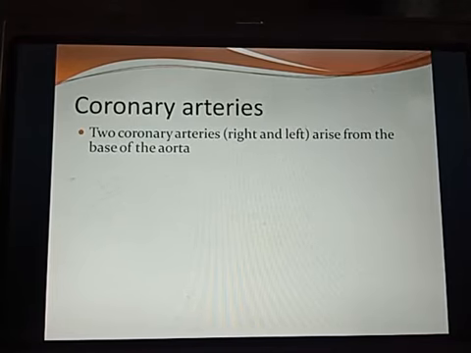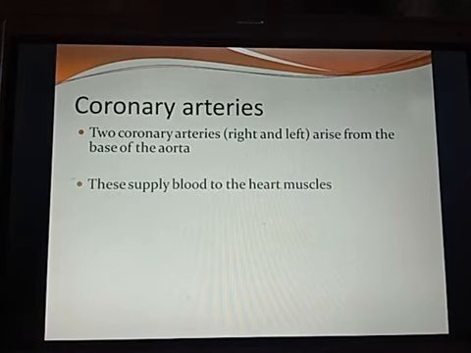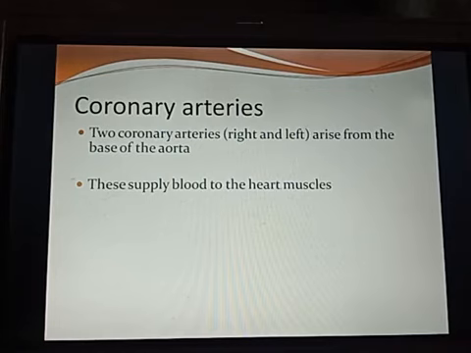The right coronary artery will supply blood to the right part of the heart, and the left coronary artery will supply blood to the left part of the heart. These supply blood to the heart muscles, because the heart also requires blood for its proper functioning.